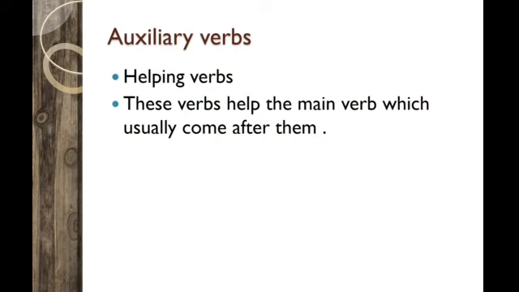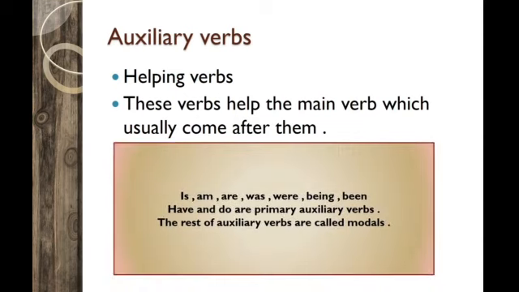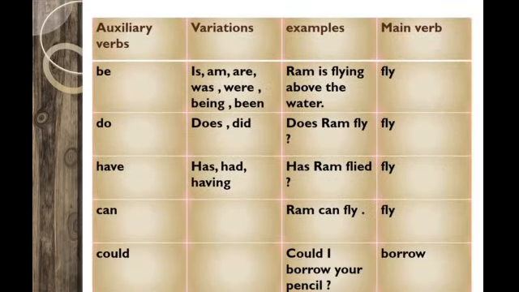These verbs help the main verb, which usually comes after them. Like Ram is running. Is, am, are, was, were, being, been, have, and do are primary auxiliary verbs, and the rest we have would, should, will. Those are modal auxiliary verbs.